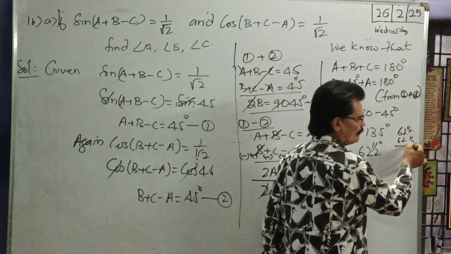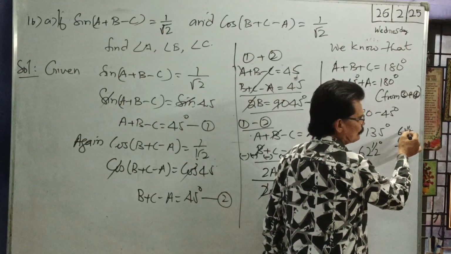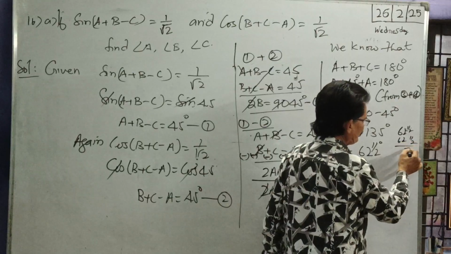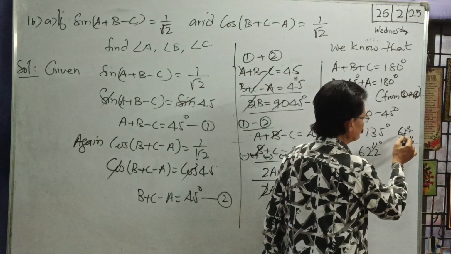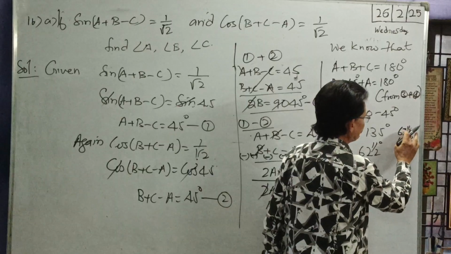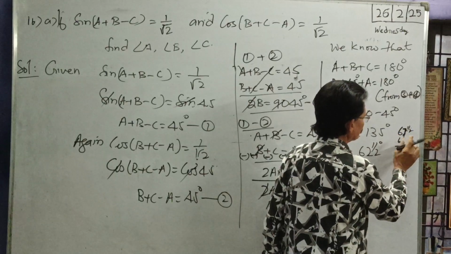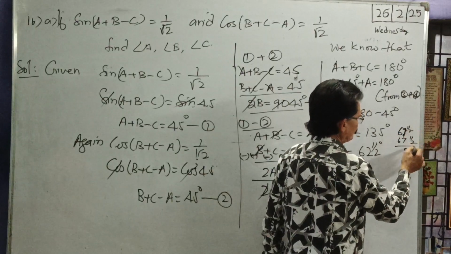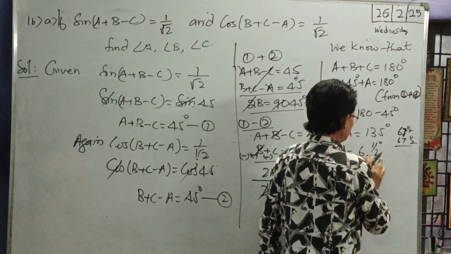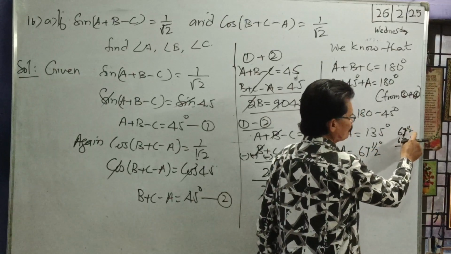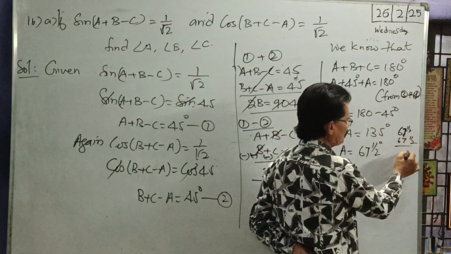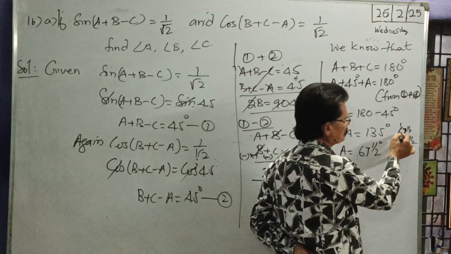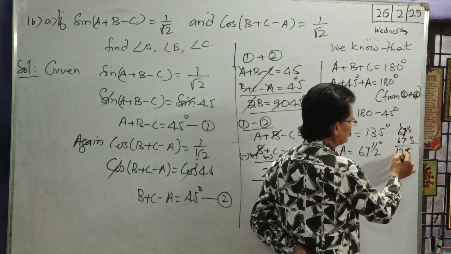Half plus half is 1, 1 plus 2 is 3, 3 plus 2 is 5. Let me check: 67 and a half. 7 plus 7 is 14, 14 plus 1 is 15; 6 plus 6 is 12, 12 plus 1 is 13.